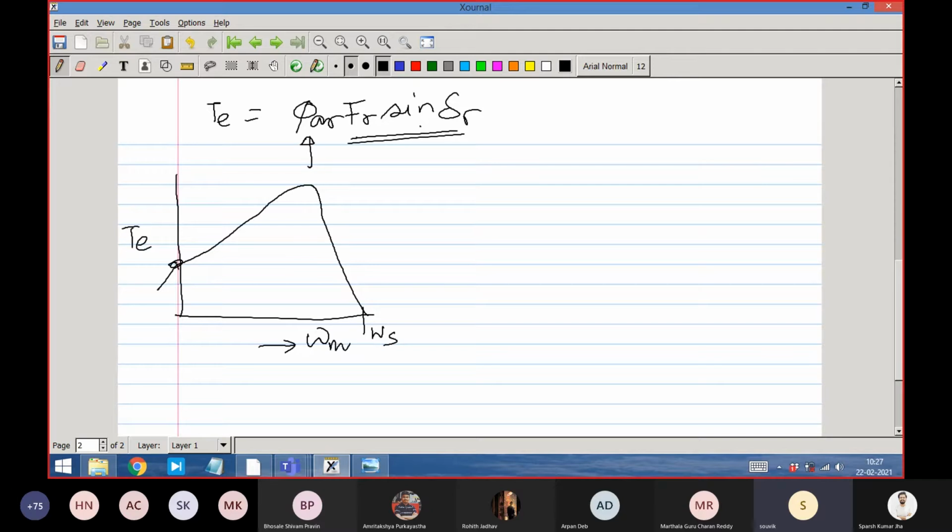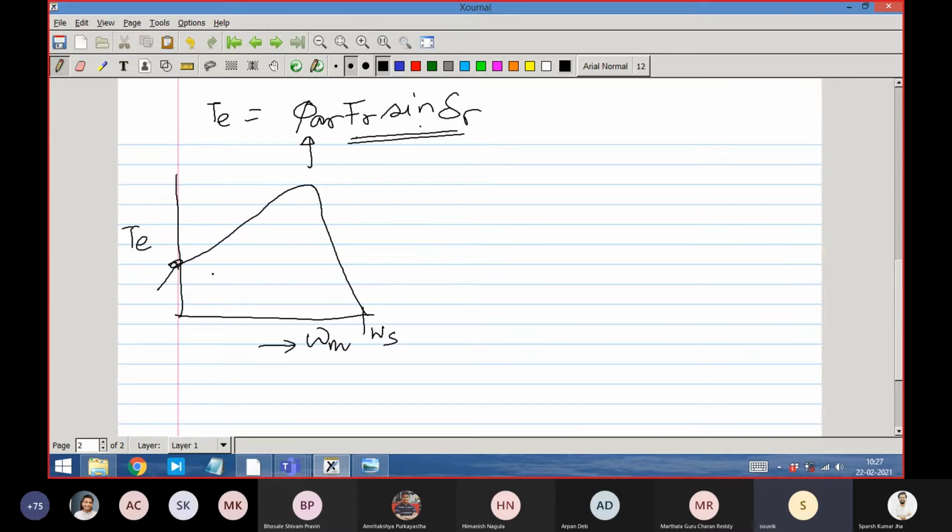Anyway, I have not come up to this. I am here, and there is no reason torque will not be produced because there is a voltage and there is a current in the rotor coil. So the rotor coil has got a current and there is an angle between these two. Sine delta is not 0. When it reaches steady state, almost, steady state is here.